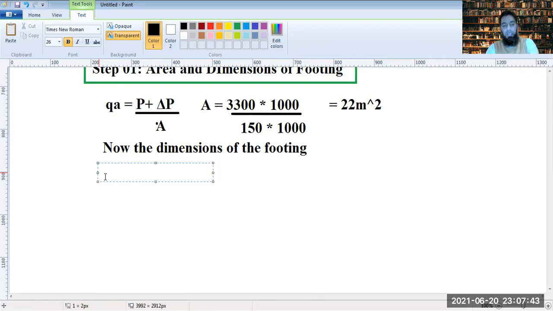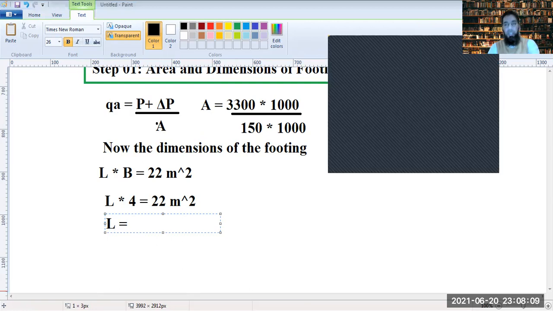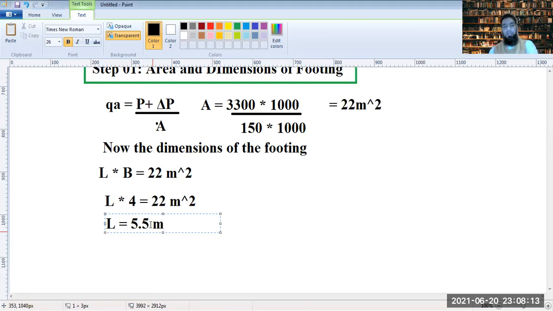So say length cross breadth is 22 meters square, then say width B is 4, then the value of L would be 22 divided by 4, that's 5.5 meter.